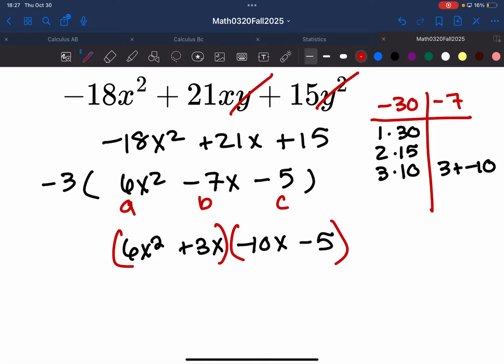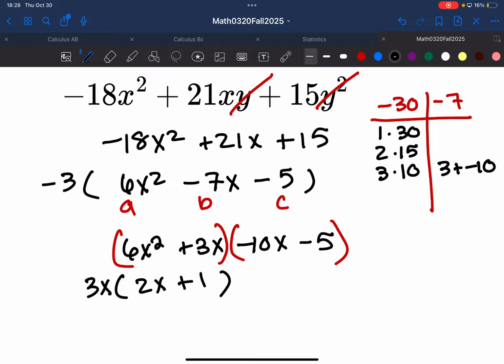Put the parentheses around each of them and then take out a GCF. So what would be the GCF of the first one? 3x, because 3 goes into 6 and 3, and x because they both have an x. So what's left over? 2x plus 1, which means what do we need to take out of the next parenthesis?